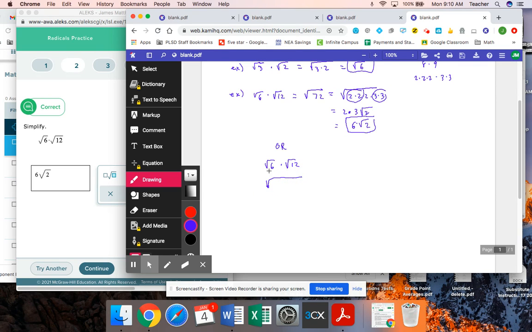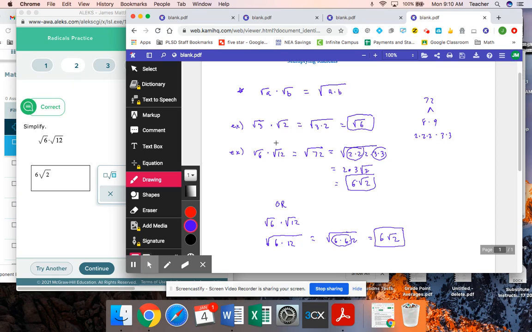Thought I could do something even faster, but couldn't this be 6 times 12, which I could rewrite as 6 times, and then 12 is 6 times 2, right? Because that's 12, that's 6. Well, if it's a square root, I have a pair right here. That pair comes out, and I still have the 2. Either way, the idea of multiplying them together means you do it all under one radical, like here or here, helps me to simplify those things.